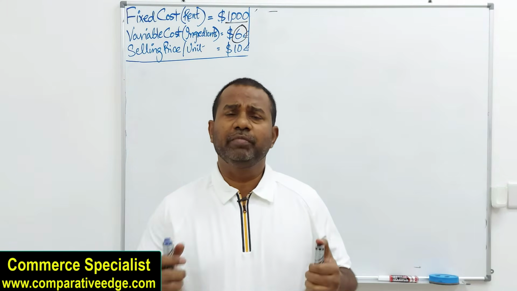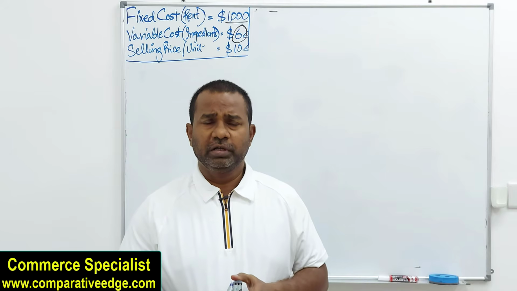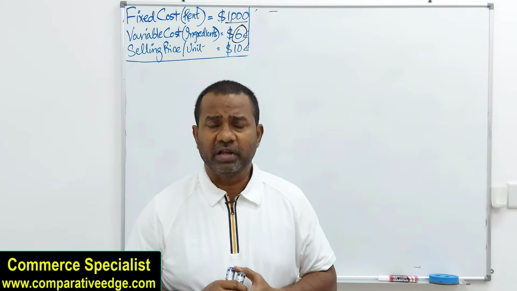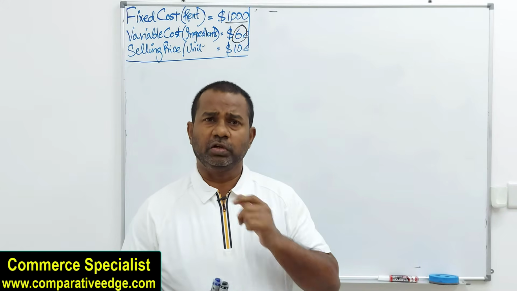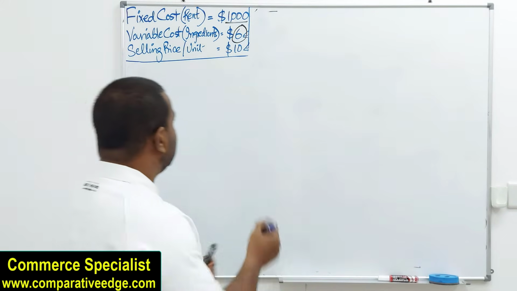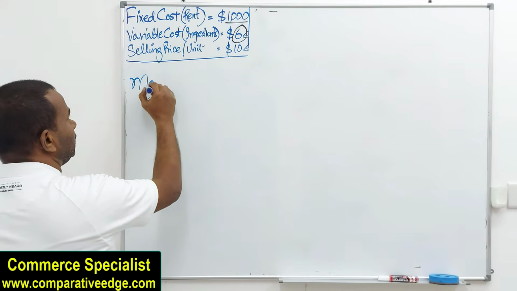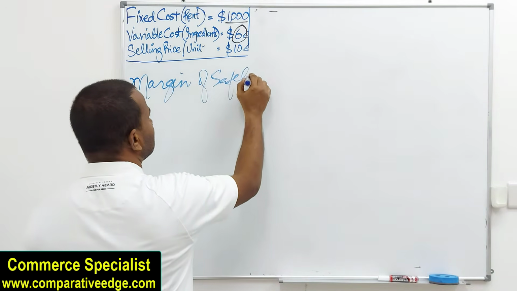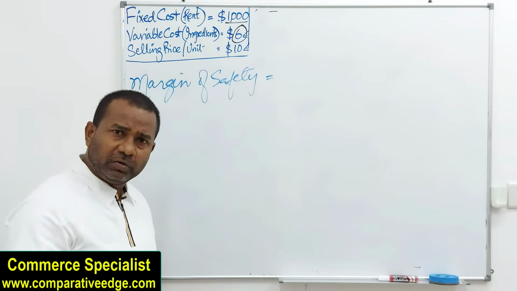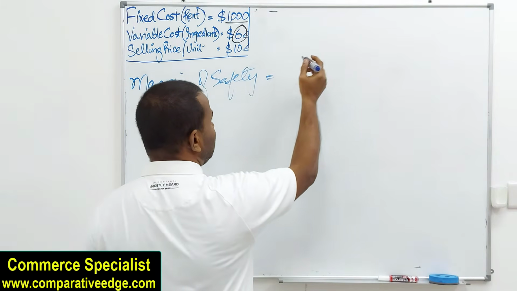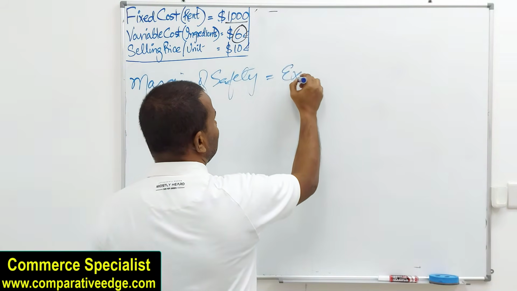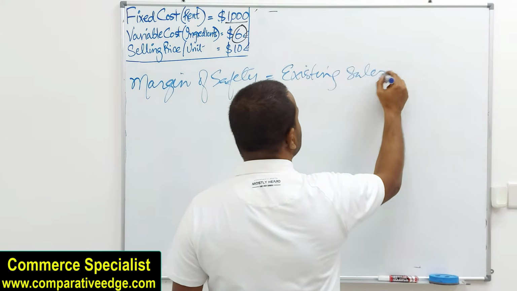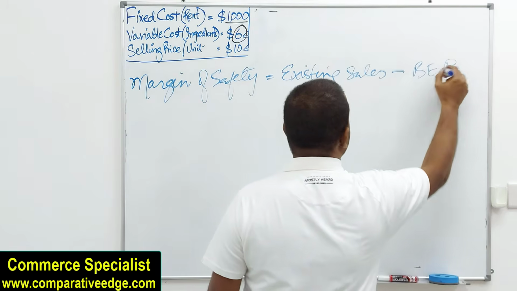Now another thing on the break-even calculations, something which businesses are always interested in is the margin of safety. So if I write here margin of safety, how is it calculated? It's very, very simple. Existing sales minus break-even point.